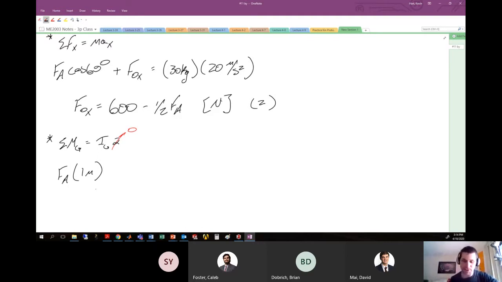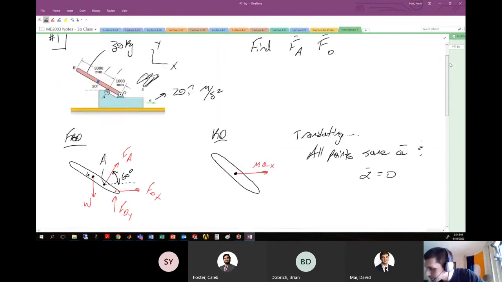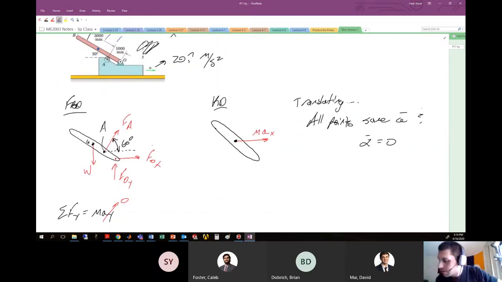I also have contributions to the moment from the pin at O. So let's try to determine the contribution of the moment from FOX. The line of action of that force is here. The perpendicular distance between the center of gravity G and that line of action is the length of that segment multiplied by the sine of 30 degrees.